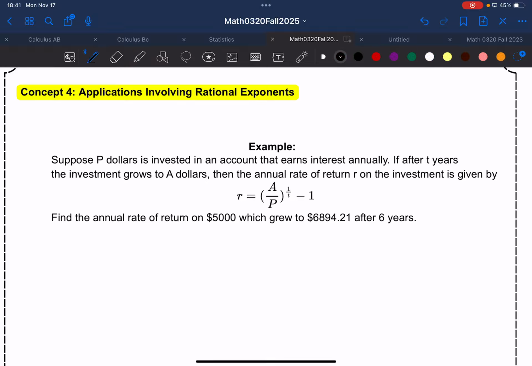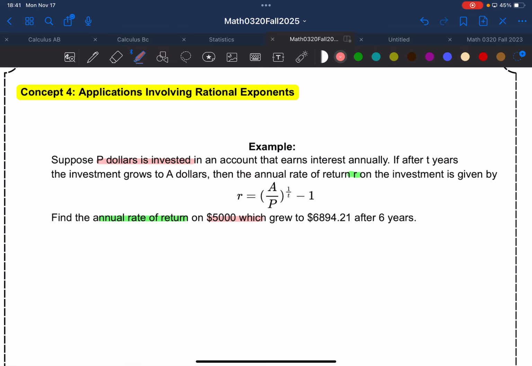Okay, so the first part says find the annual rate of return, which means it wants us to find R. So that means it must have given us A, P, and T. So it says $5,000 investment. This is going to be P because it says P dollars invested.